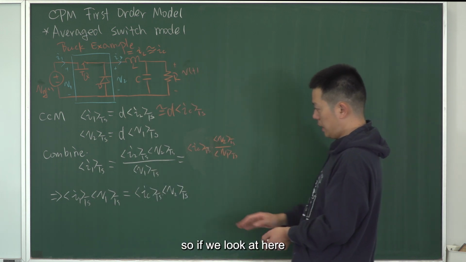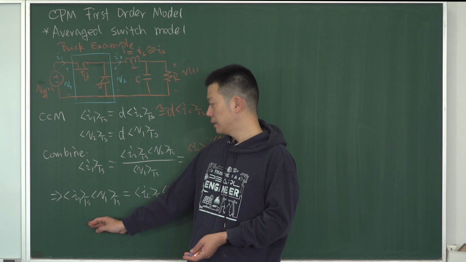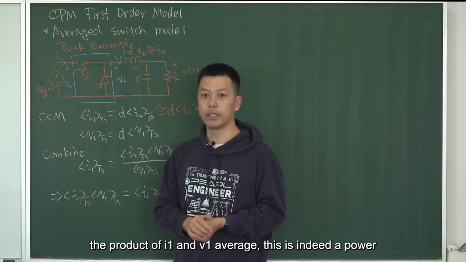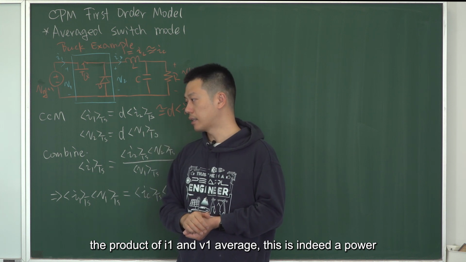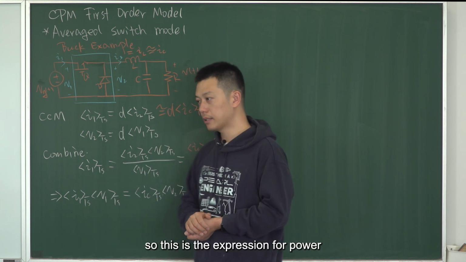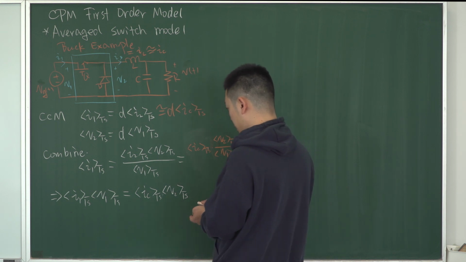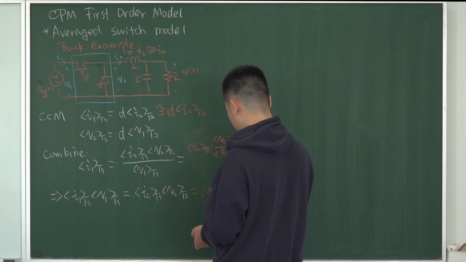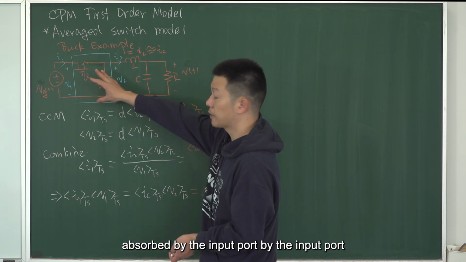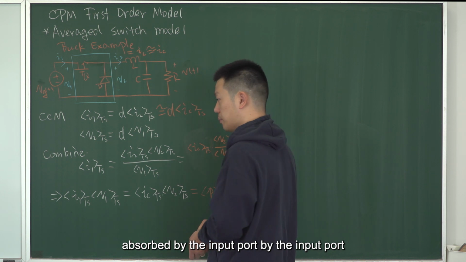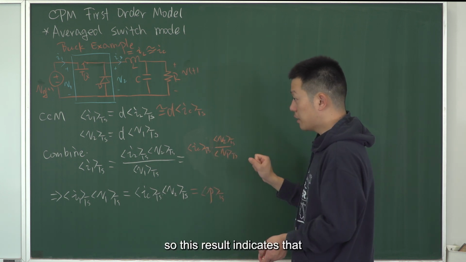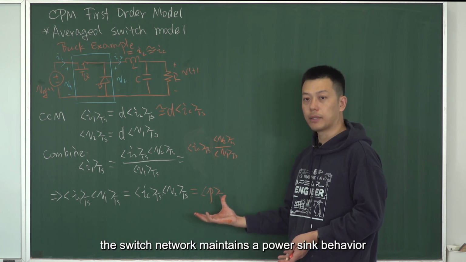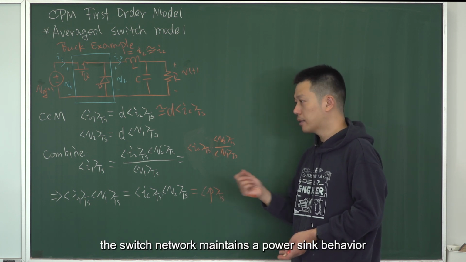If we look at here, the product of I1 and V1 average is indeed a power, right? So this is the expression for power. This equals the average power absorbed by the input port. So this result indicates that the switch network maintains a power sink behavior.